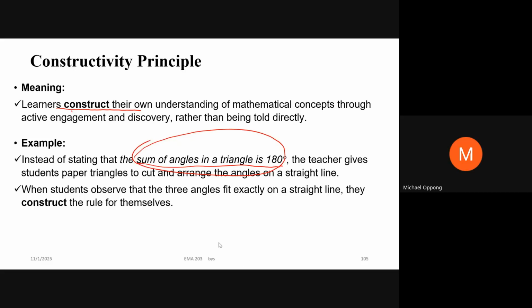Sometimes we don't have the activity, so we find it difficult to use this principle. Yes, Francis. Let me come in. For people to know the sum of angles in a triangle is 180 degrees without you telling them, you want to give them activities. Then after going through the activities, they come out and say, hey, the sum of the angles in the triangle is 180 degrees.